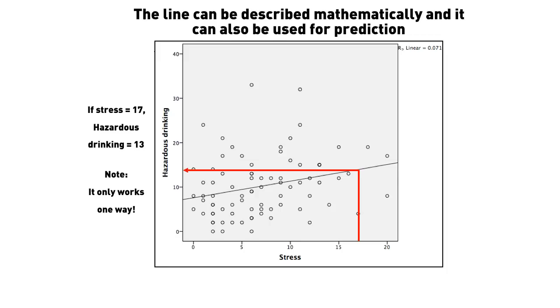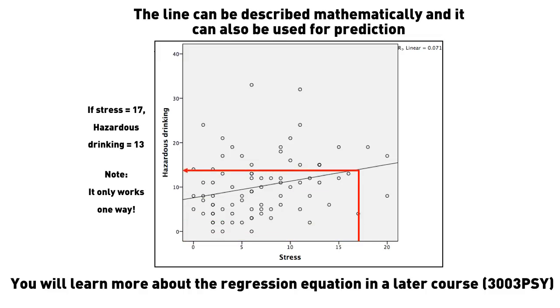Note that this only works one way. Just as a quick side note, there is a slight visual illusion in this plot. The horizontal red line appears slightly angled, but if we move it down, that shows it's horizontal. Now, the regression line can actually be extended to include more variables and to give greater predictive power, but you will learn more about that in a later course.